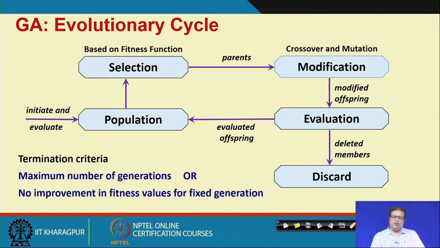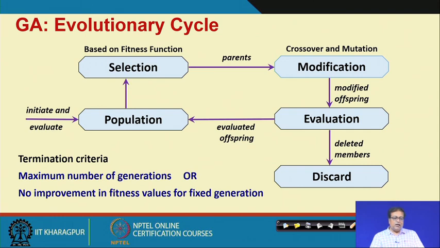Then after the crossover and mutation, we have the modified offsprings, and these modified offsprings are then evaluated on the basis of the fitness function again, and sometimes some members are deleted and some members are directly added from the parent population, which is called elitism, and then that evaluated offspring formulates the next generation population, and the process goes on till we find the average fitness value is improving.